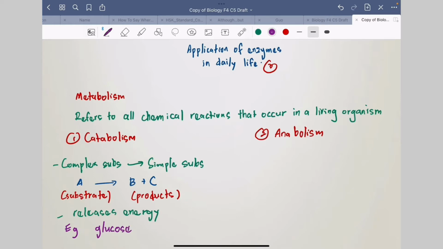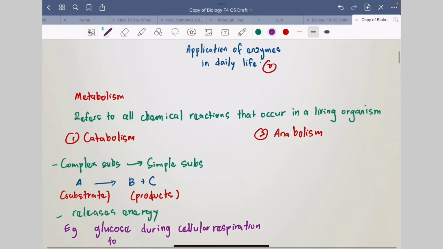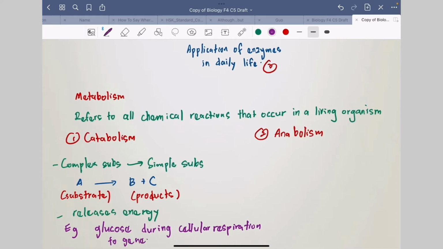Breakdown of glucose during cellular respiration to generate energy. How to remember that this glucose example will show that catabolism releases energy.